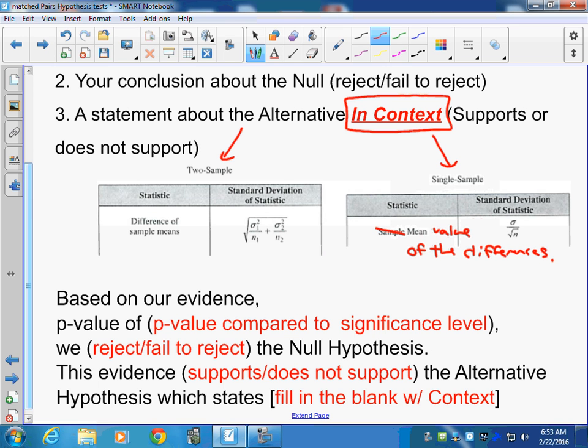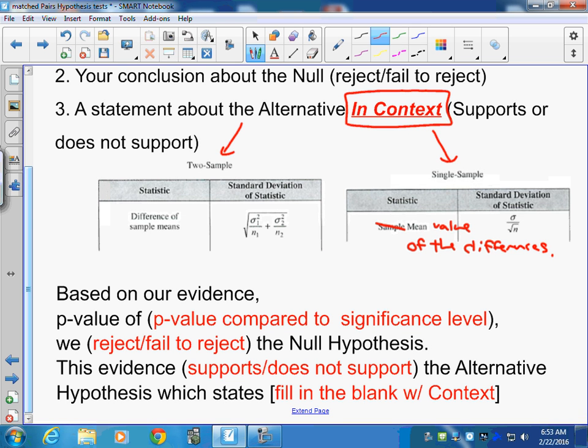Your terminology has to match your calculation. We have a single mean value that's calculated based on differences, which is a lot different than a 2 sample.